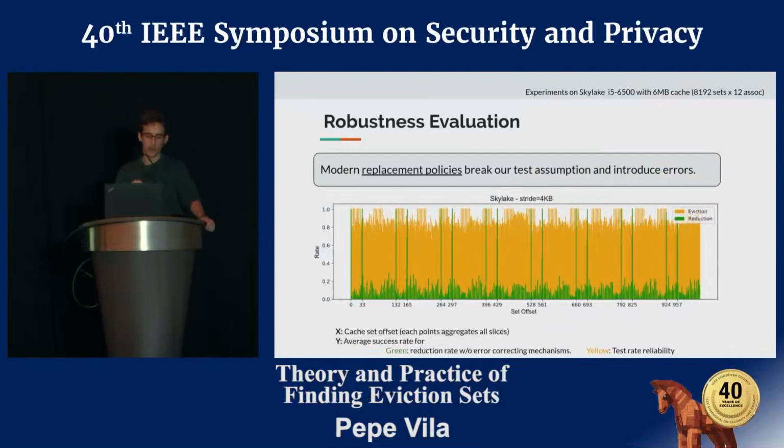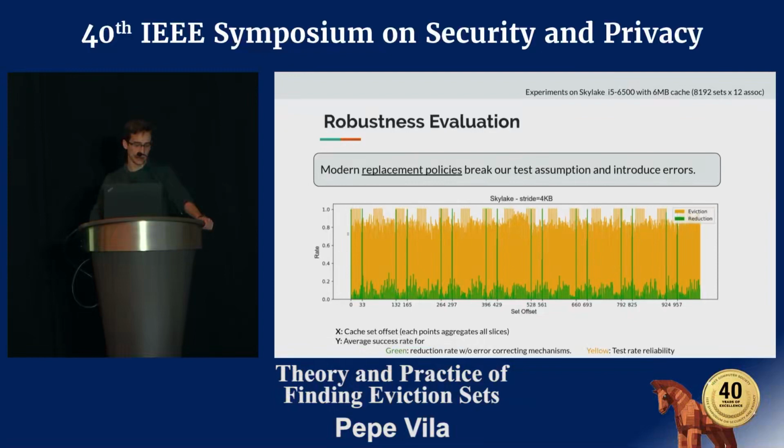Okay, so this is about performance, but before, I said that we made some assumptions on the replacement policy for our test to work. And it turns out that some modern replacement policies break our assumptions on the test, and this introduces errors in our algorithm. And this is a nice example extracted from a Skylake machine, where we can see on the horizontal axis the different cache sets on this machine.